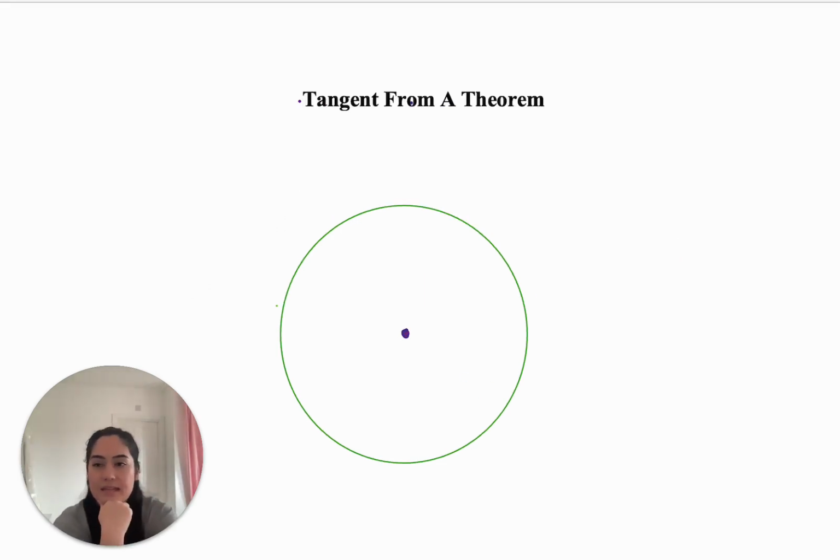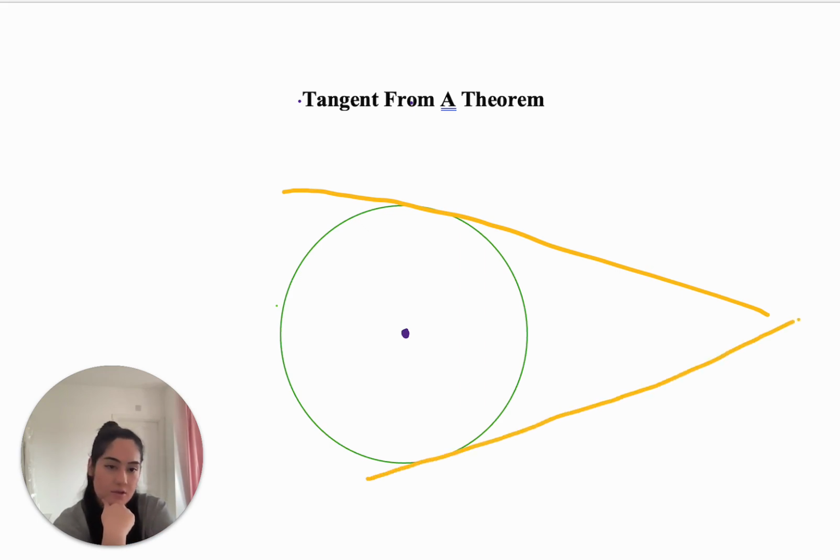Now, for the next theorem, if we have two tangents that meet at the same point outside of the circle, so this tangent meets this tangent, let's say at this point here, point P, from the two points where they touch the circle, this length is going to be the same as this length.